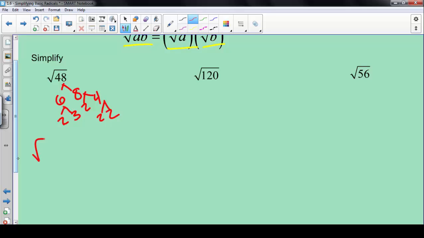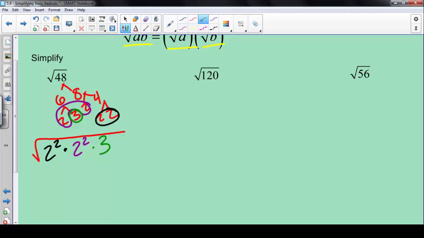So that we can rewrite this as here's a 2 squared, and here's a pair of 2 squared, and then this 3 is by itself. So now if we want to look at it, we can break this up as this is a separate radical, this is a separate one, and this is a separate one.